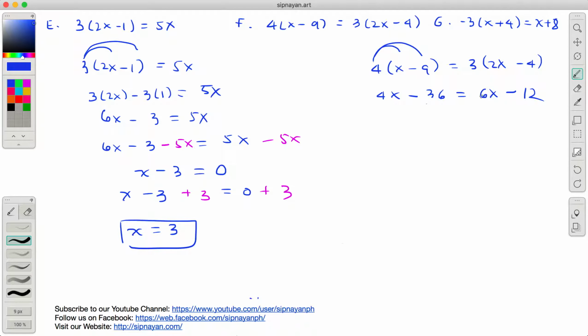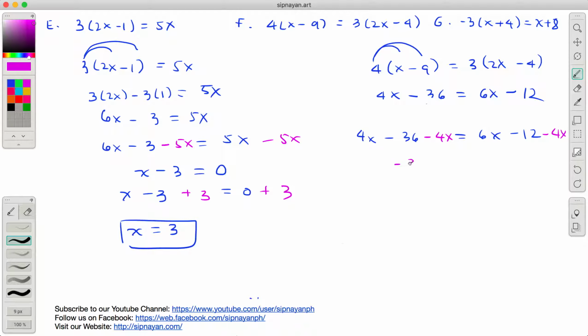So, para positive yung x natin, kung gusto nyo, pwede na natin siyang sa kanan, no? So, 4x minus 36 equals 6x minus 12. So, kung ayaw natin ng x dito, magbabawas tayo ng 4x, no? Sa left-hand side, no? At syempre, pag nagbawas tayo dito, magbabawasin tayo ng 4x dito.